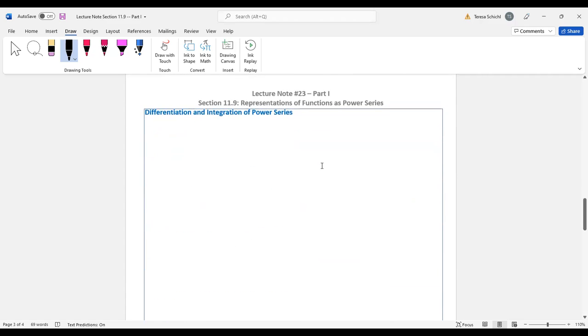Differentiation and integration of a power series. Let's see what that means.